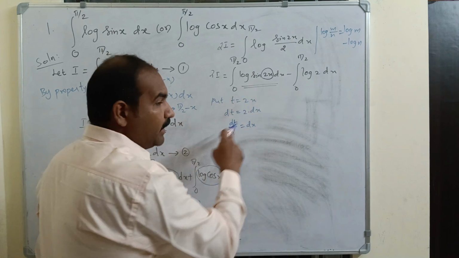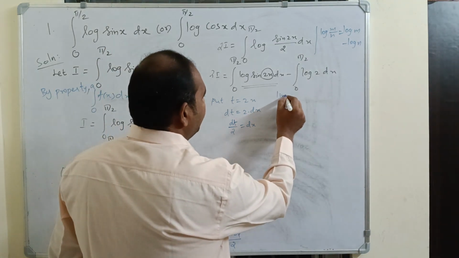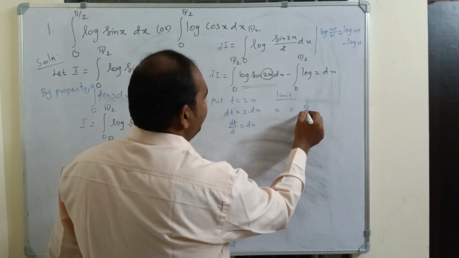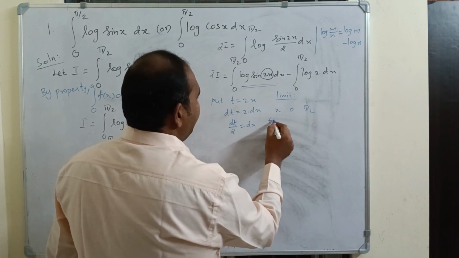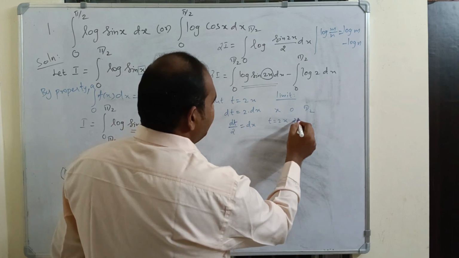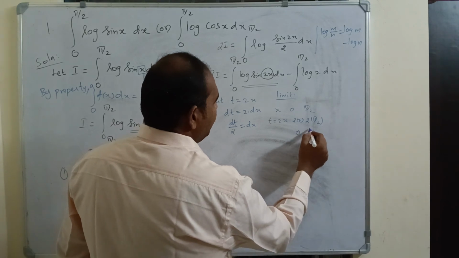Whenever the variable changes, the limit also changes. For x, the limit is 0 to pi by 2. For t, that is 2x, it is 2 times 0 to 2 times pi by 2, so this is 0 to pi.